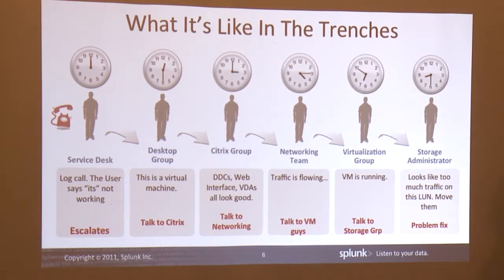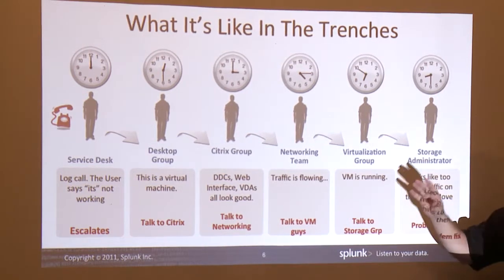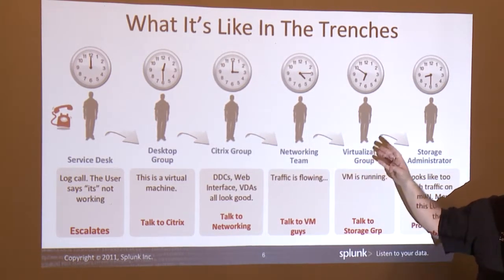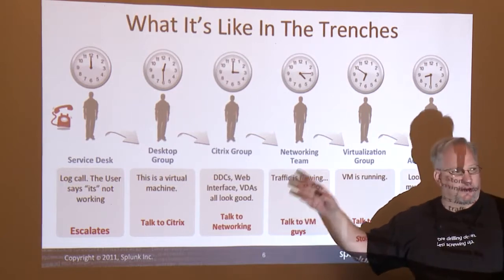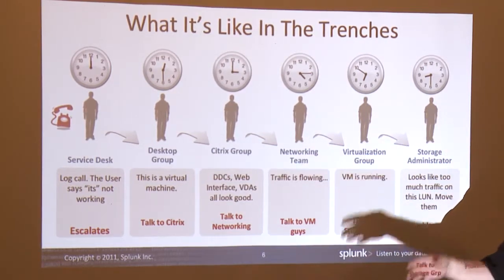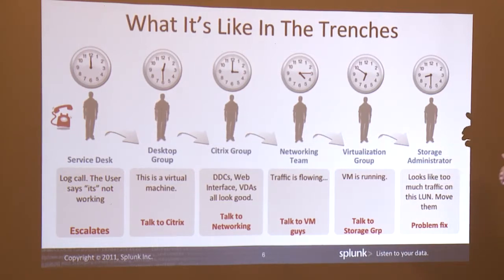And the idea is, if we had all of this data, the data that the storage is generating, that the virtualization hypervisor is generating, that the networking is generating, and all the data from the Citrix DDCs, the web interfaces, all the event logs, all the performance data from the virtual machine, all in one spot, the help desk guy could have gone to one page, put in a username, and it could have little red, yellow, green lights.